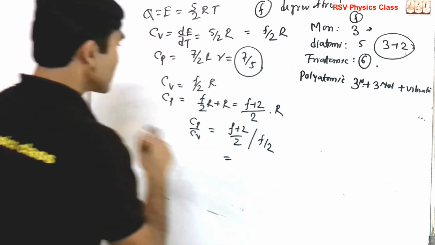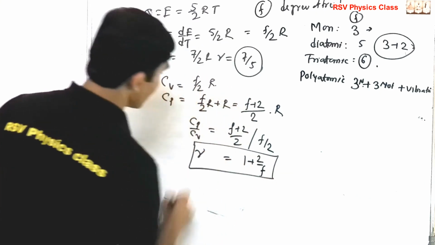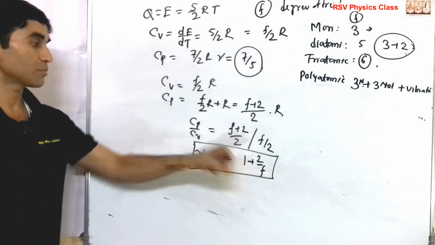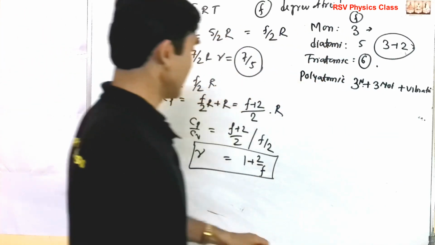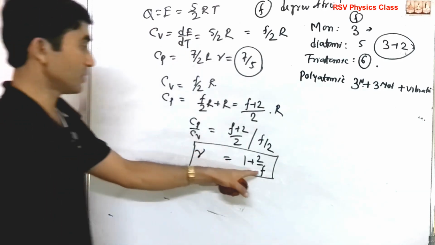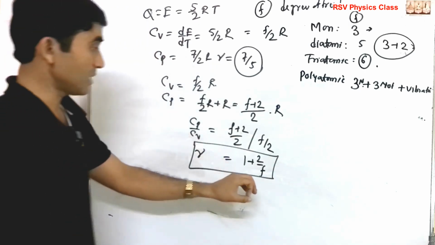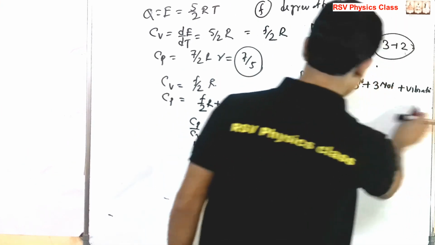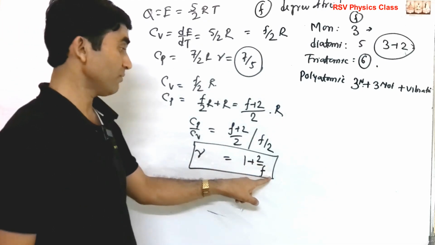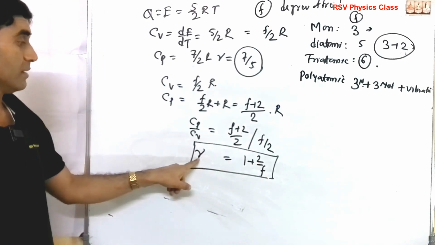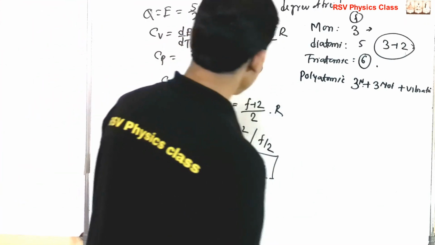So this is 1 plus 2 by F. So this gamma equal to 1 plus 2 by F. One type of question will be there: for any rigid molecules, if your degrees of freedom F is given, then from the relationship gamma equal to 1 plus 2 by F, you can calculate Cp by Cv.